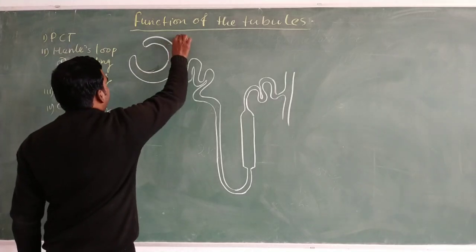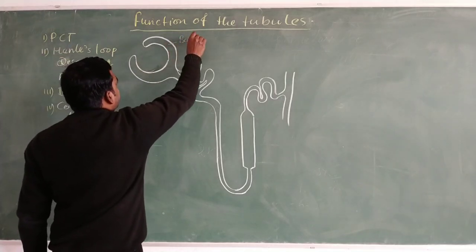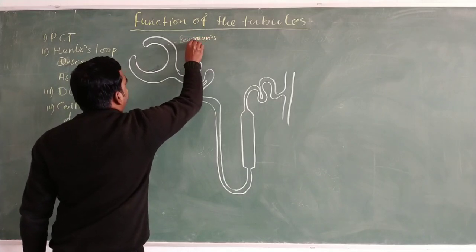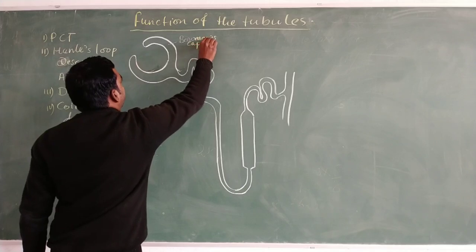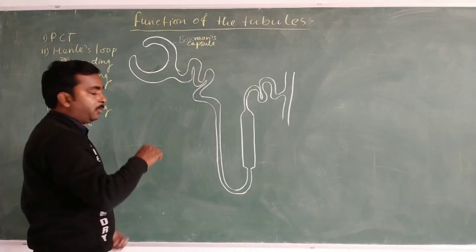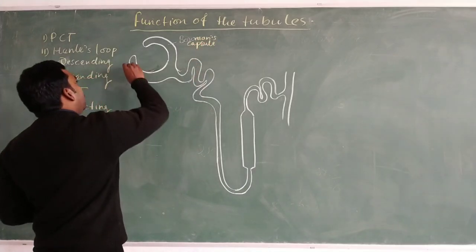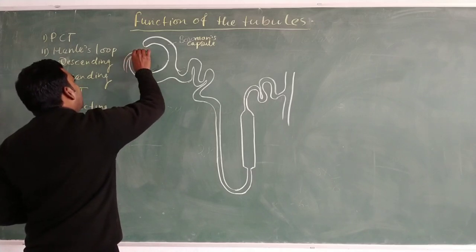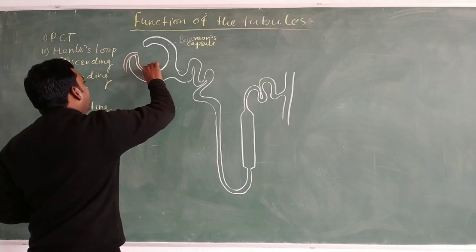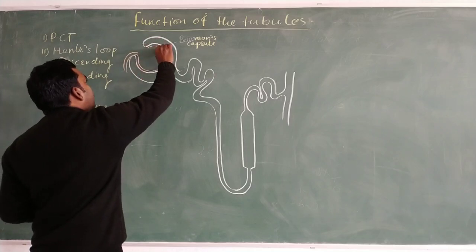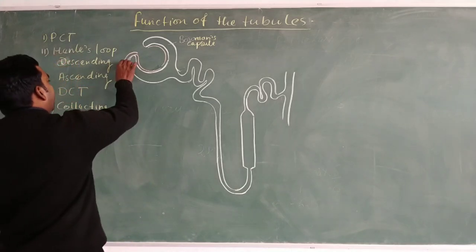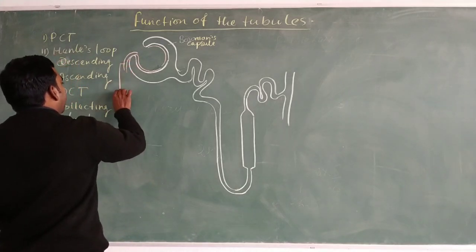So this is the Bowman's capsule. And inside the Bowman's capsule is a network of blood capillaries produced by the branching of the afferent arteriole.